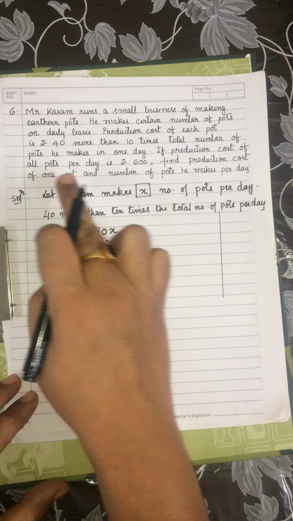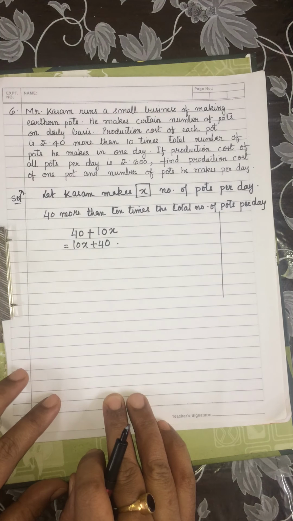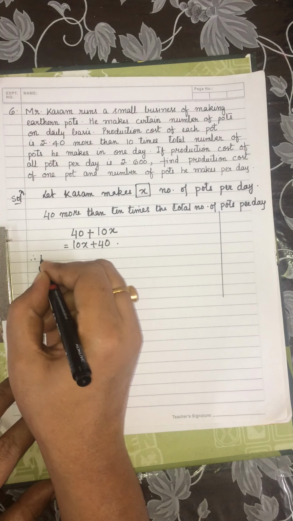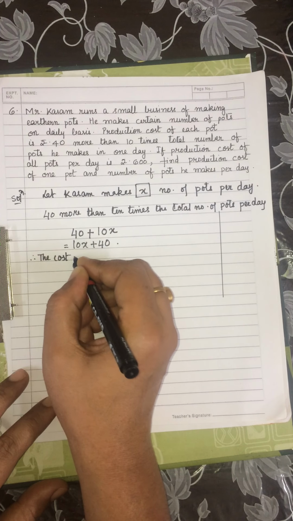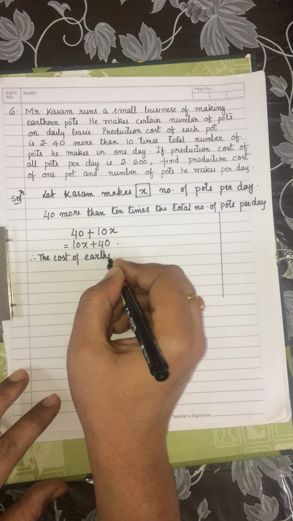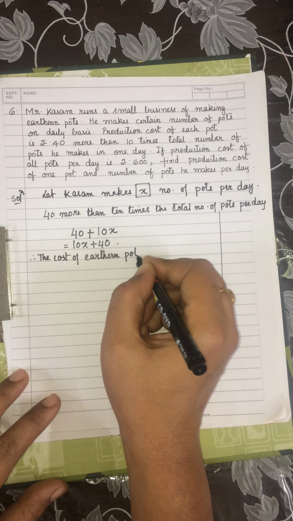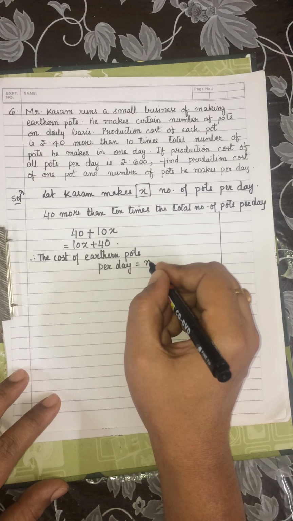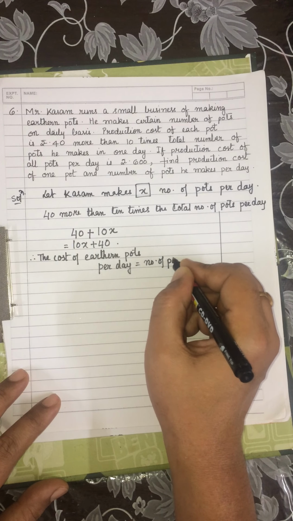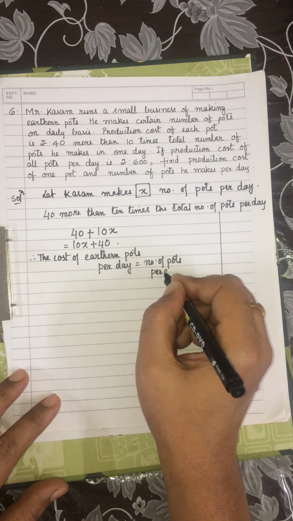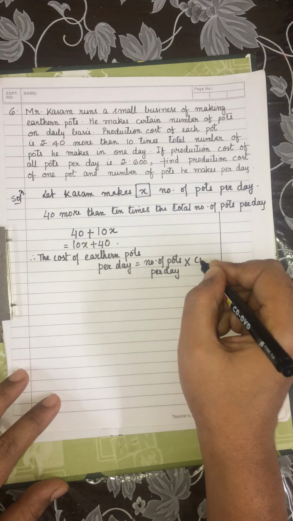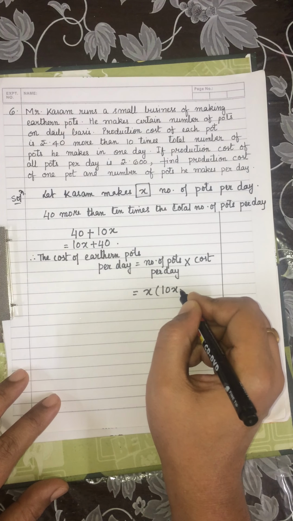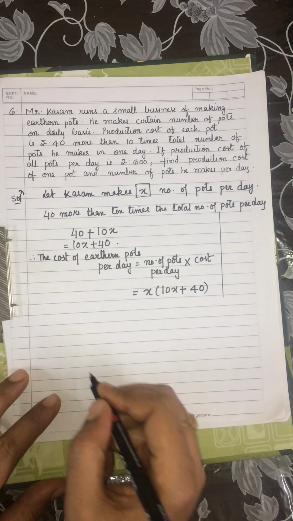Alright, the production cost of all the pots per day is given as 600, children. So what is the cost of the earthen pots per day? Therefore the cost of earthen pots per day is equal to the number of pots per day multiplied by cost, that is x multiplied by 10x plus 40.